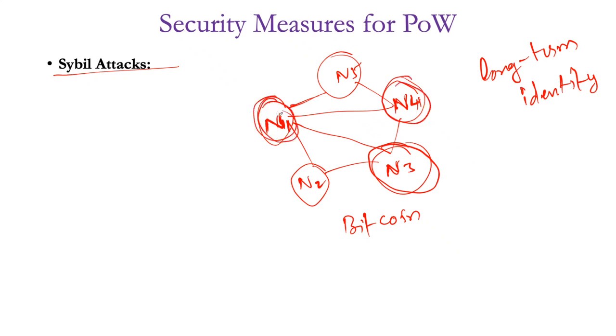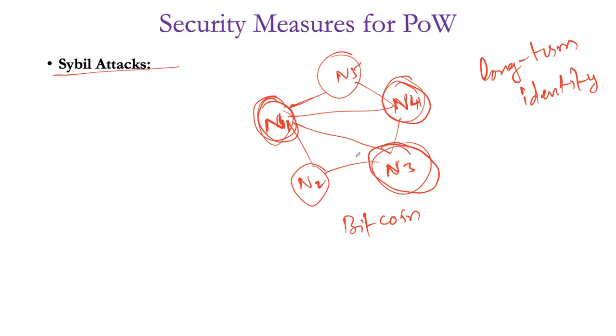Once N1 entered the network, its activities are like an honest node, so that other nodes in the network believe it is honest. But at the same time N1, with new IDs like N3 and N4, joins the network. So out of 5 nodes, 3 nodes are fake, because the same user controls N1, N3, and N4.